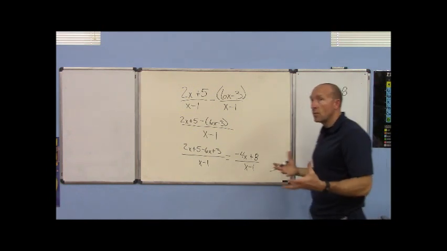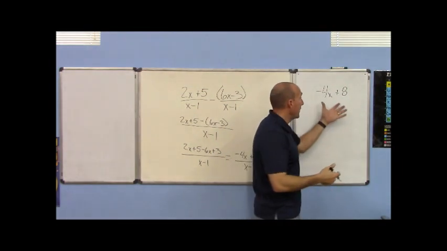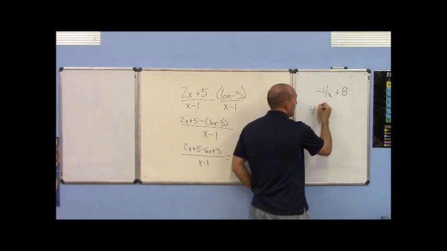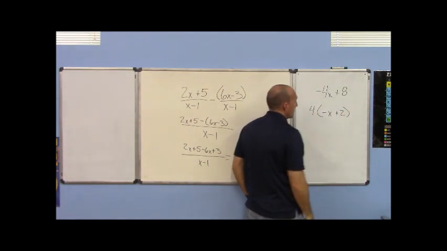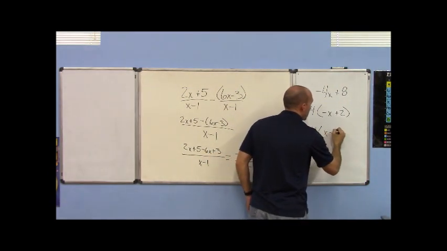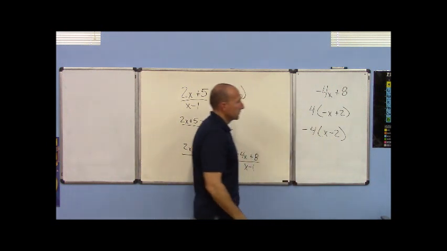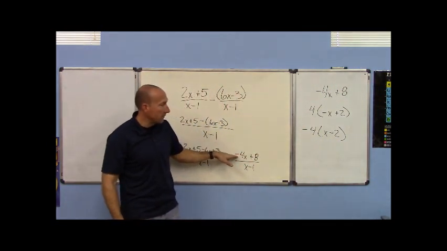There are two things that we could do with this to see if there's any more to factor out of this. We can factor out a positive 4, and so that would be times minus x plus 2. Or we could factor out a minus 4, which gives us x minus 2. Okay, those are two options to renaming this.